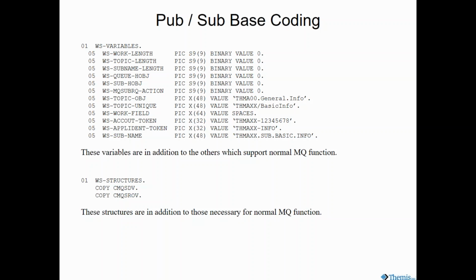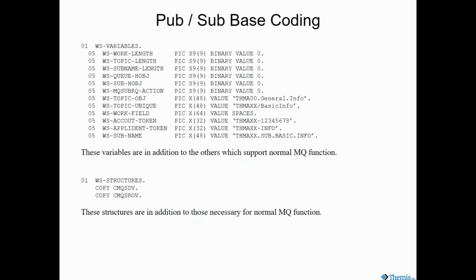So CMQSDV is the subscription, then the SRO is the second one. So I'm just copying in with the values. But you can also see I have a bunch of working storage variables that I need to supply. Work length, you'll see what that's used for. The actual topic length, I have to compute the whole topic length.